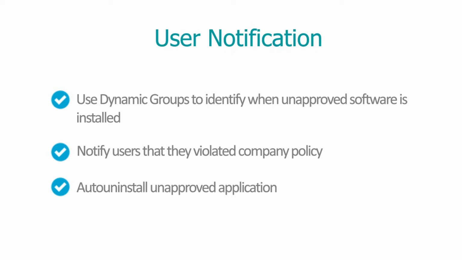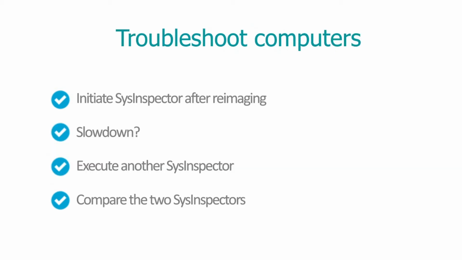Then the final one is troubleshooting computers. So when it comes to troubleshooting computers, you can automatically initiate a sysinspector log to be taken after a computer is re-imaged or after it connects into the management server for the first time. Then when a user calls you and complains that the computer is running slow, you can execute another sysinspector log.